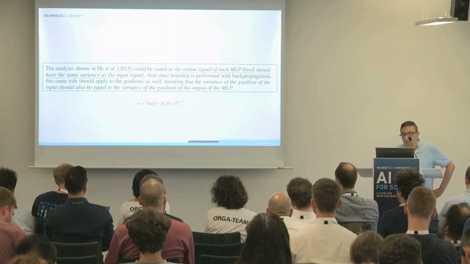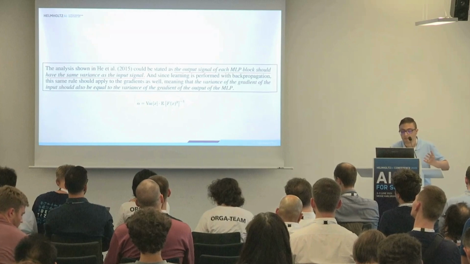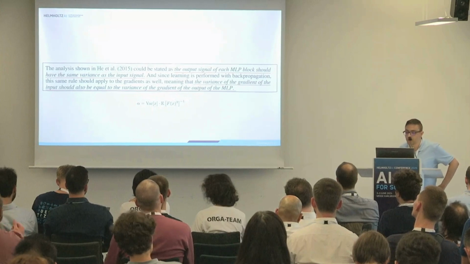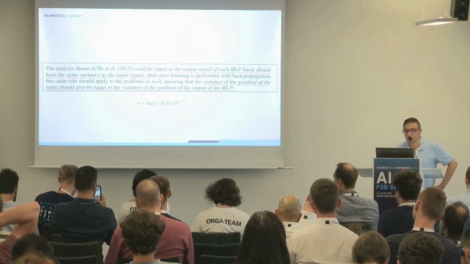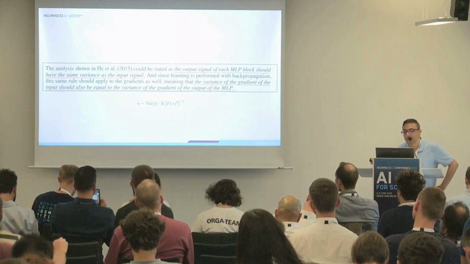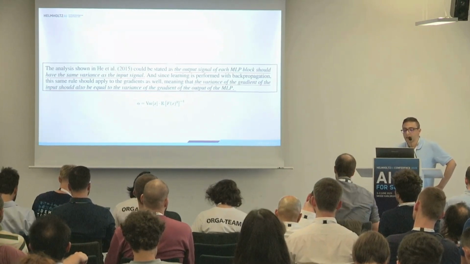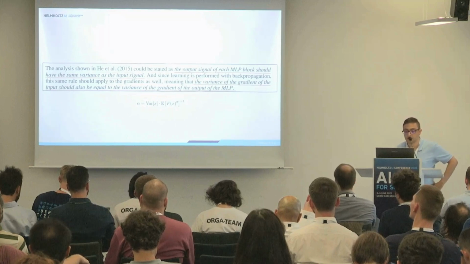The output signal of your MLP block should have roughly the same variance as your input. And since you are doing backpropagation, you want your gradient to have the same property. So we want to enforce that the gain remains equal to 1, because we want to stack many blocks of MLPs.